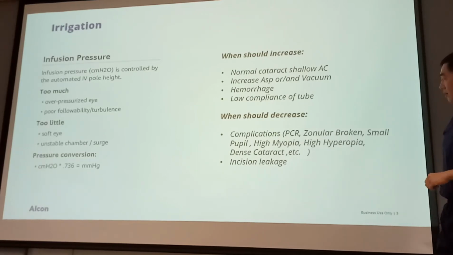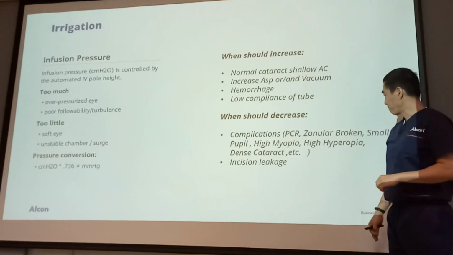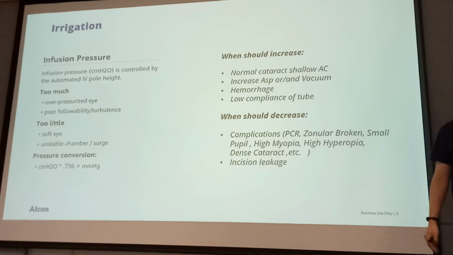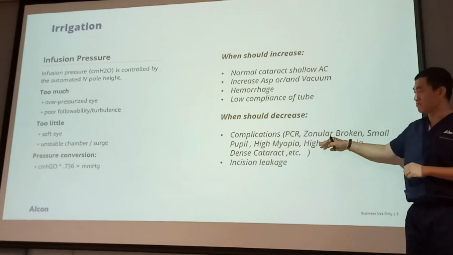Also cases like high myopia and hyperopia belong to complicated cases. To keep it simple, for all complications we lower the AC, lower the pressure, and do it slowly.